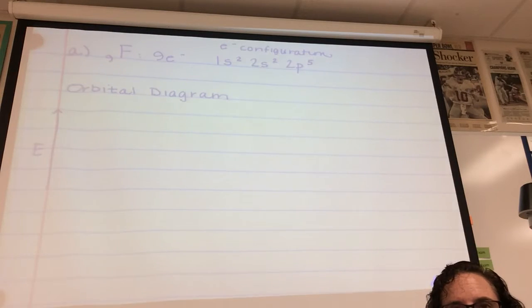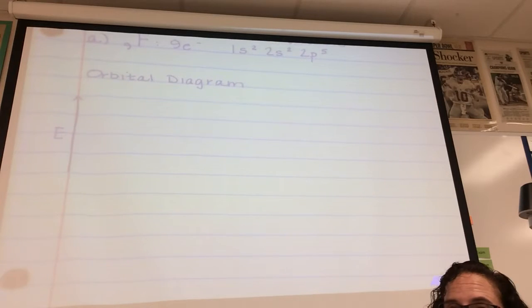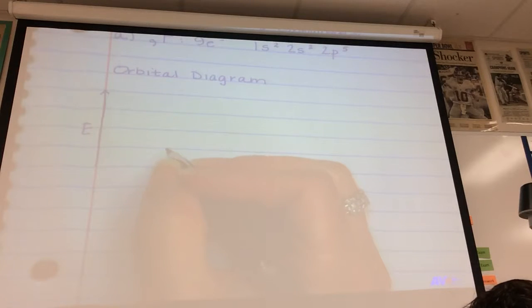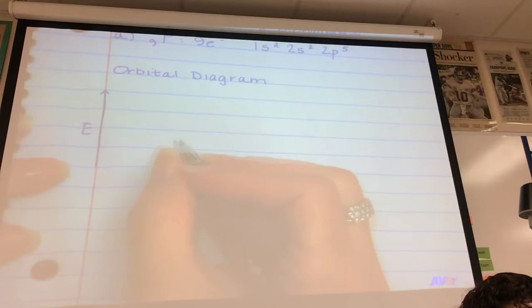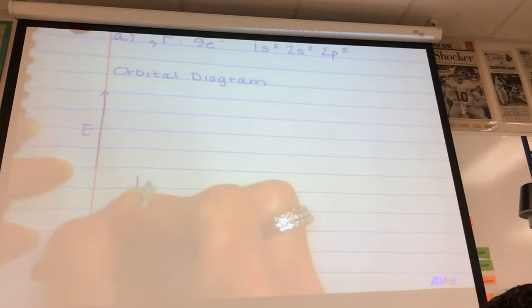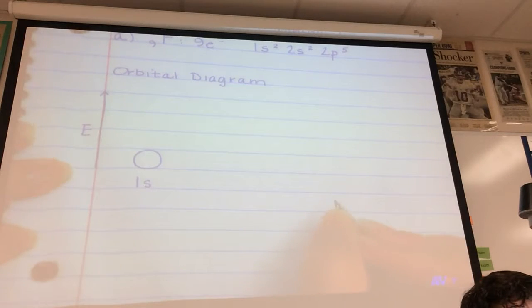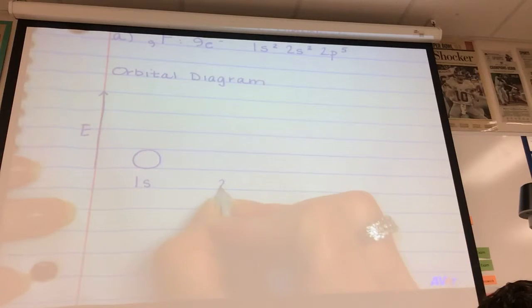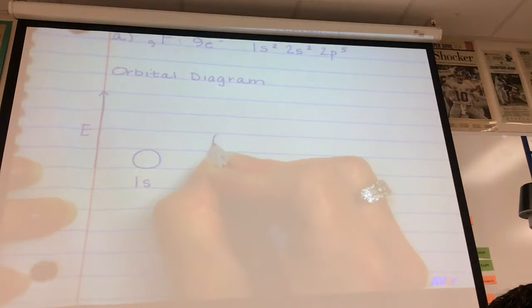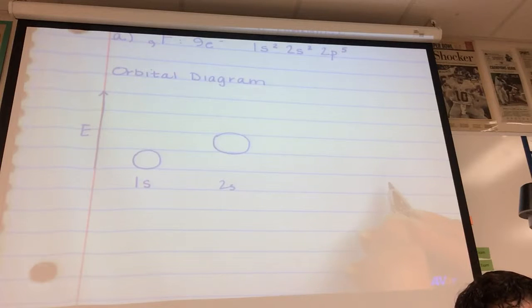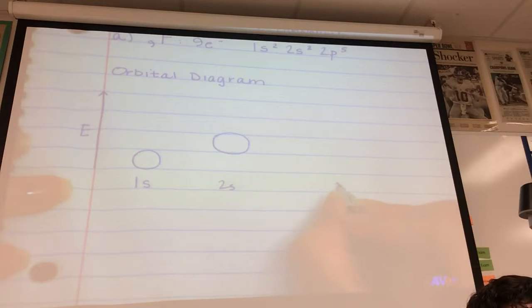The sublevels as written show increasing energy. I'm going to use a circle to represent an orbital. My first orbital is 1s, and that comprises the entire subshell. Next up is 2s, and it is of higher energy, so I'm making it right here. The circle should really be the same size. I got a little circle happy. Now for 2p, how many circles should I have?